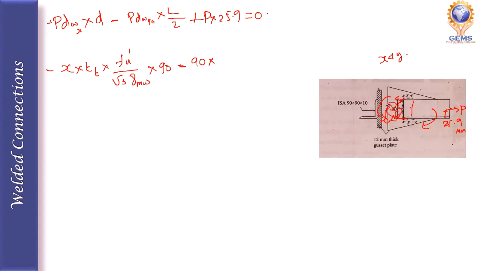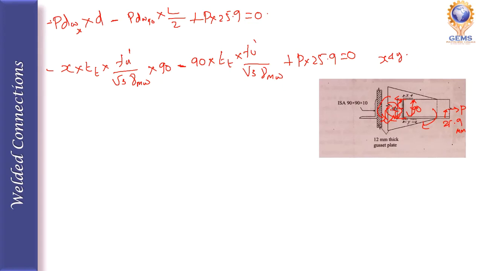This whole distance is 90, so 90 into throat thickness into Fu dash by root 3 gamma mw, plus P into 25.9 is equal to 0.